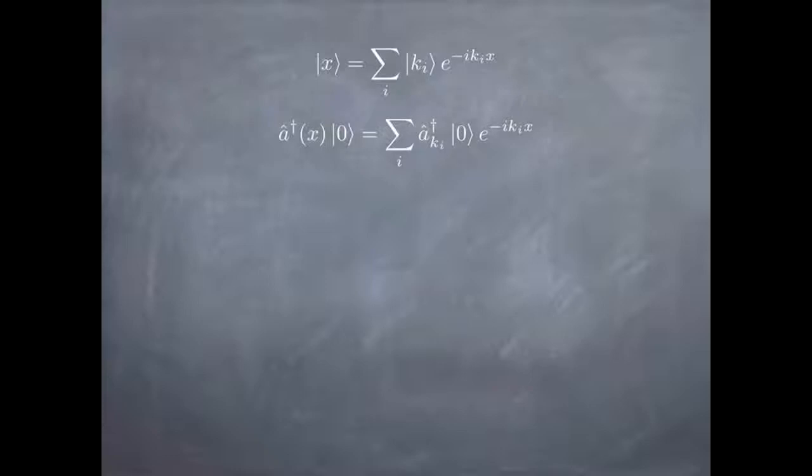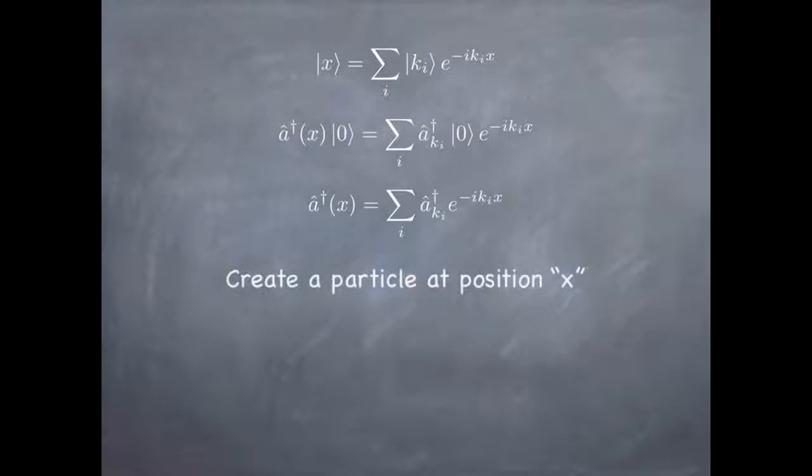But if I've got the vacuum on the right of the left-hand side of the expression and the vacuum on the right of the right-hand side, I can just get rid of the vacuum, and I have now a definition of what I mean to create a particle at position x. If you need an operator that creates a particle at a particular place in space, this is how you do it. It's a superposition of plane wave momentum eigenstate creation operators. So that creates a particle at position x.